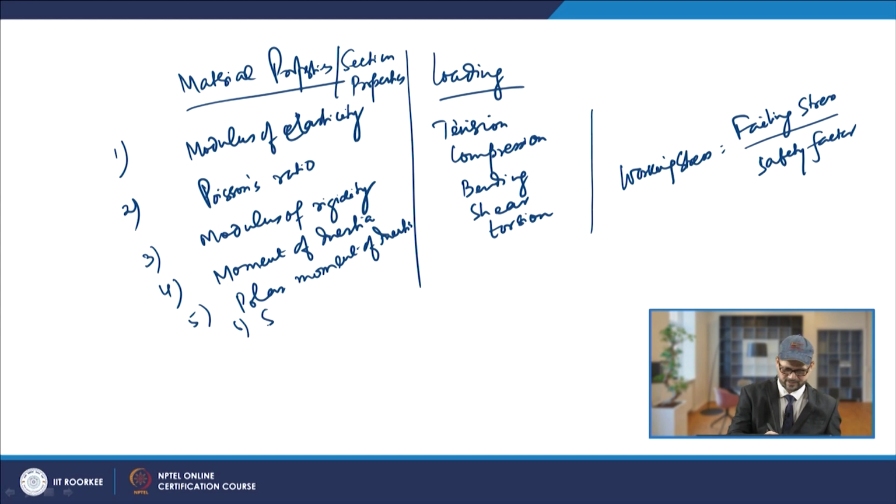So, these are the material and section properties which are used for the design process when we are dealing with the welding process. So, we have to discuss about the properties.